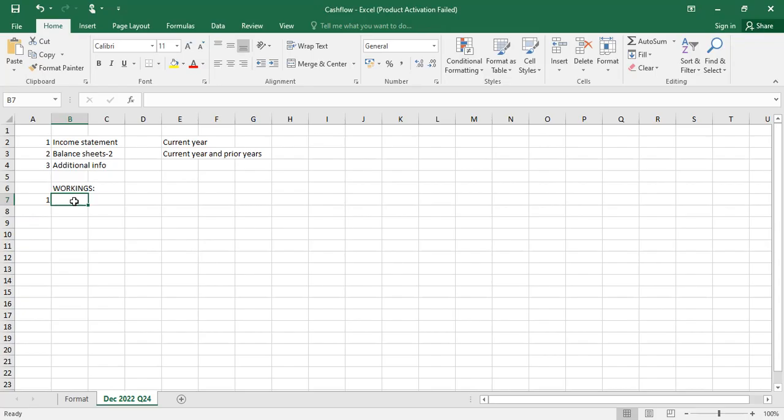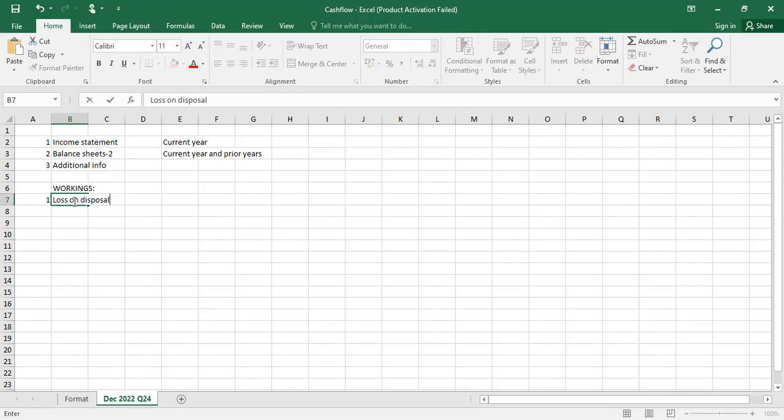Number one is that, and if this is not given directly, you have to compute it, we have a loss on disposal. So remember, when you dispose or sell an item of PPE, we do get a profit or loss on such sale.